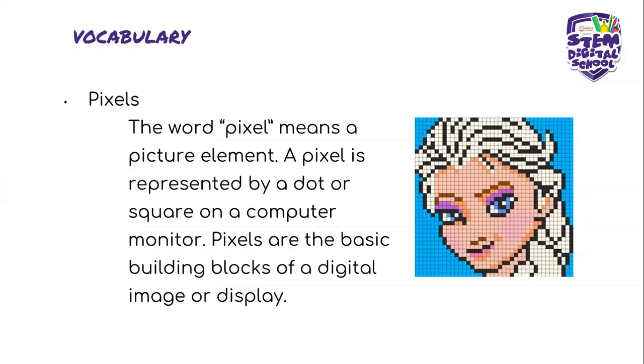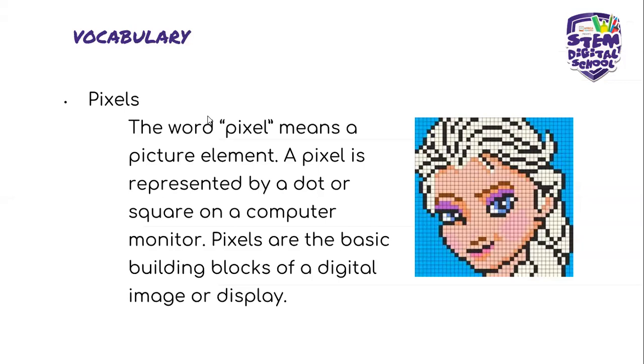Now, if you zoom in, you'll start seeing little blocks, and that is what a picture is made up of. So what are pixels? The word pixel means a picture element. A pixel is represented by a dot or square on a computer monitor. Pixels are the basic building blocks of a digital image or display.